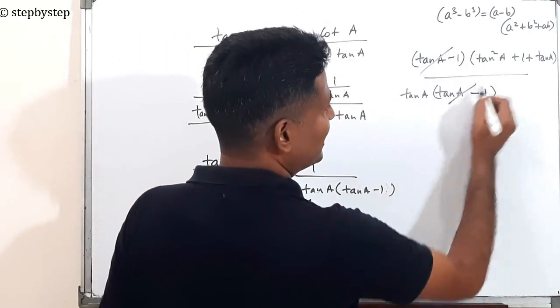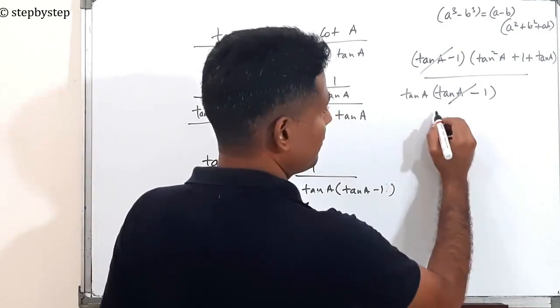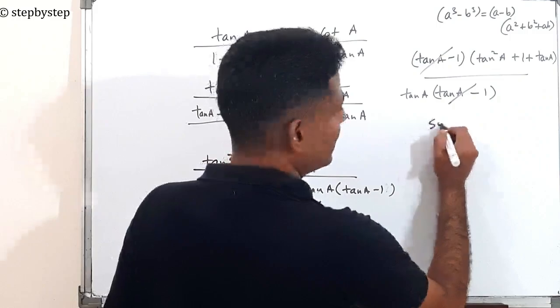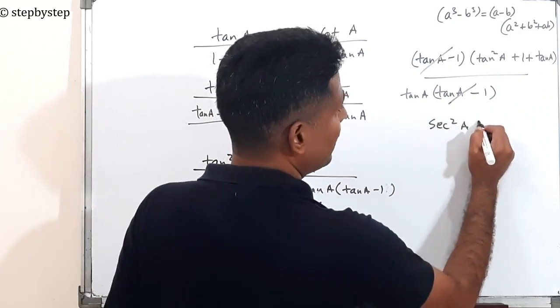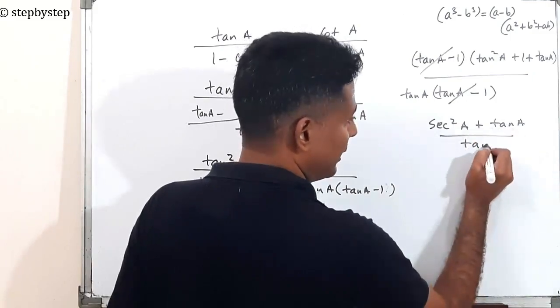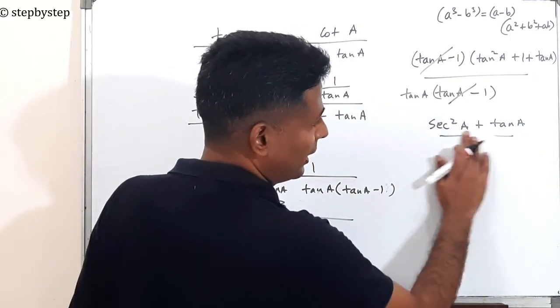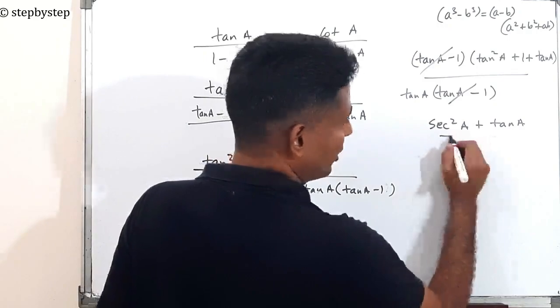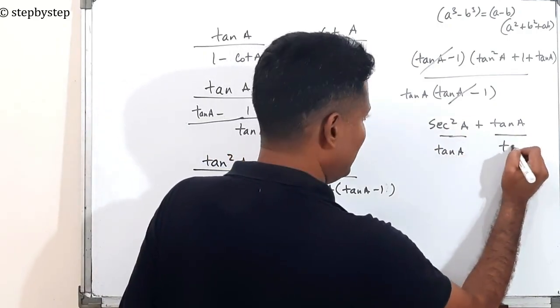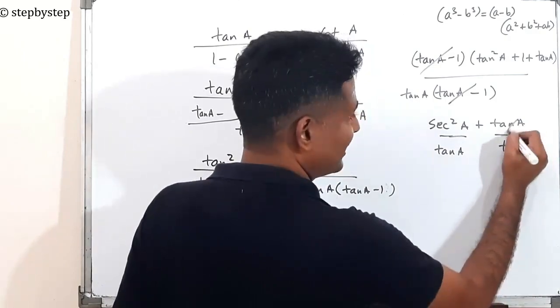Now I have tan square A plus 1, which is nothing but secant square A, plus tan A, by tan A. Now I'll split the numerator, so here I'll get secant square A by tan A, and here I'll get tan A by tan A, so that is 1.